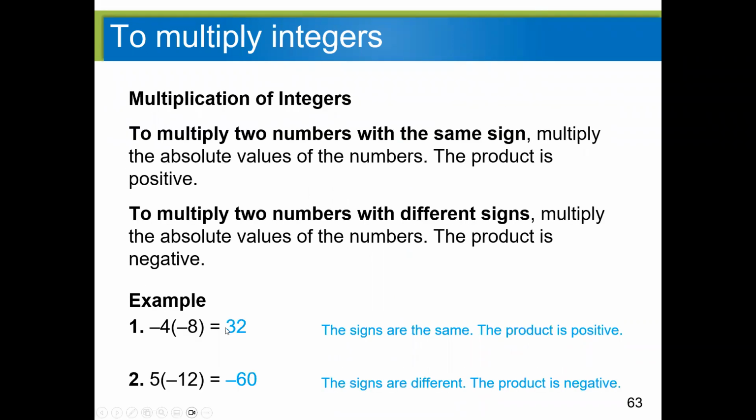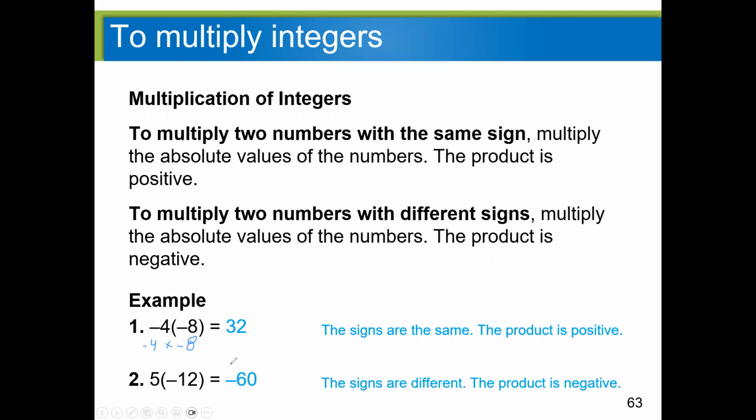So again, these are different ways to do multiplication. Parenthesis, pay attention to me first, -8, okay, I have a -8. And I want us to multiply that by -4.